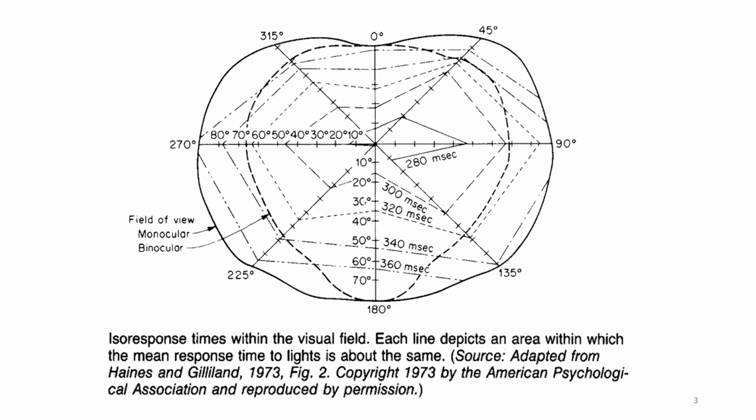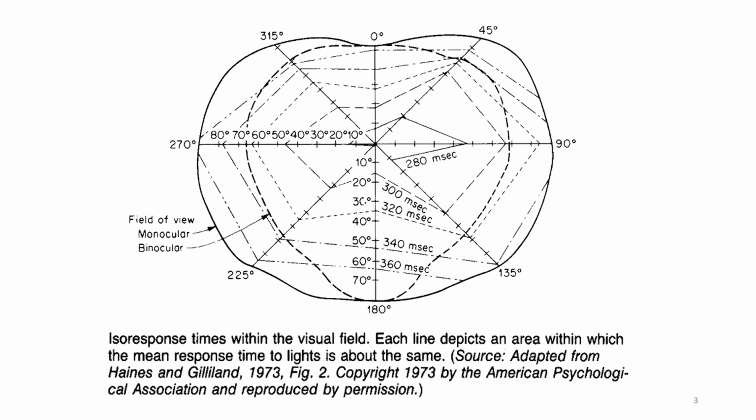It shows the mean response time in various regions, and each boundary in this figure indicates the region within which mean response time can be expected to be about the same. That is the ISO response time region.